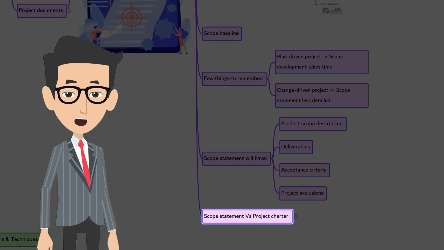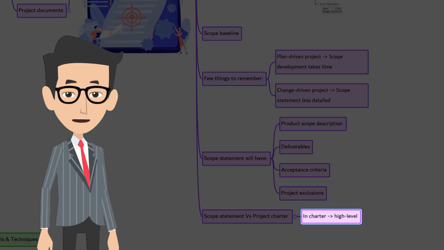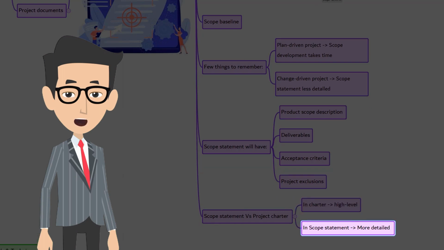Let's understand the difference between scope statement and project charter. Among the PMP aspirants, it's a common confusion. It may look like both the scope statement and the project charter contain the same information, but the difference comes in the level of detail. In the project charter, it will be at a very high level, but in the project scope statement, it's as detailed as possible.